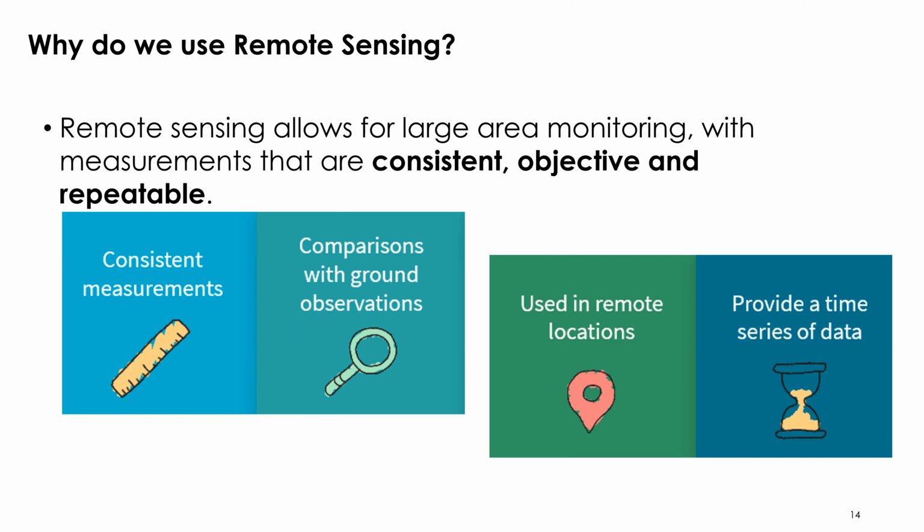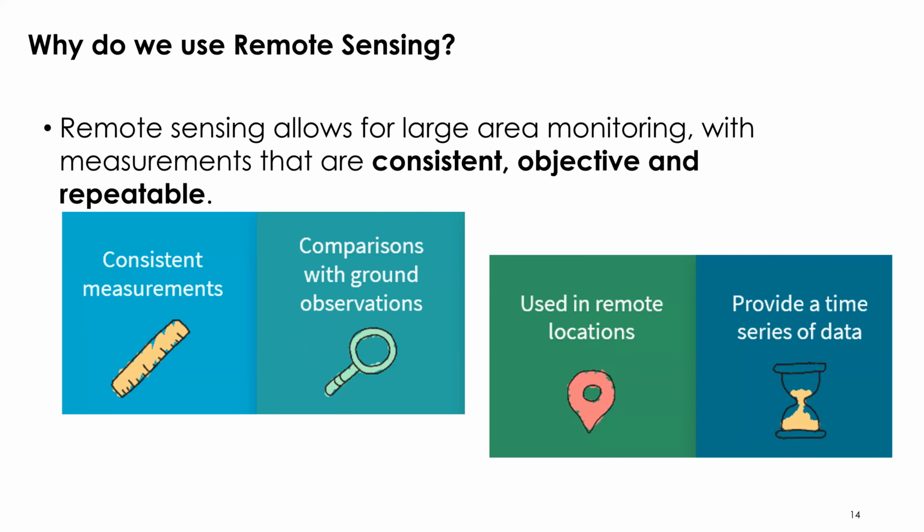But in order to truly understand what's going on in that image, you need to go on the ground. You need to see what it is that you're looking at in that satellite image. I think that some people think that the imagery can replace going on the ground, but it cannot. You have to go on the ground to understand what it is that you're seeing in that image.